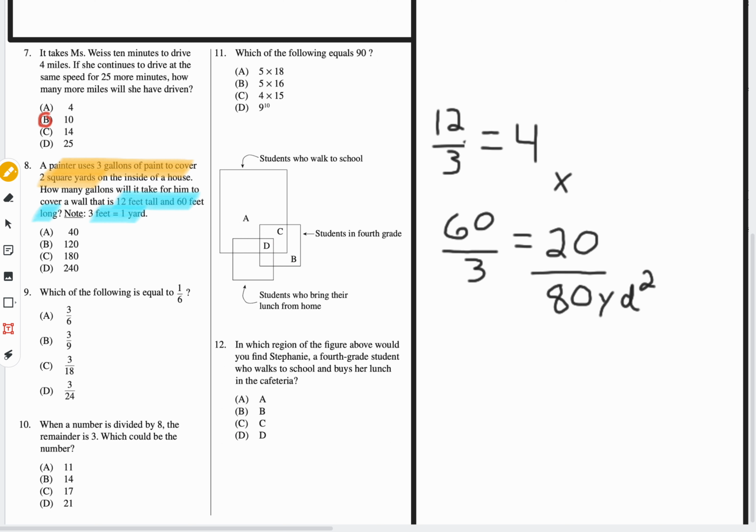two square yards, we can set up a proportion to find the total number of gallons needed to paint the wall. Let's go back to our proportions.